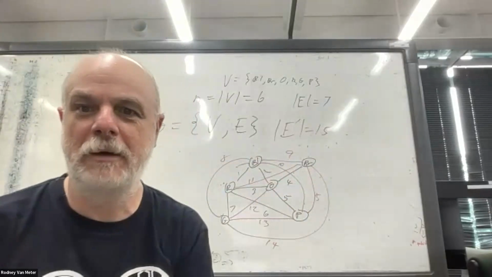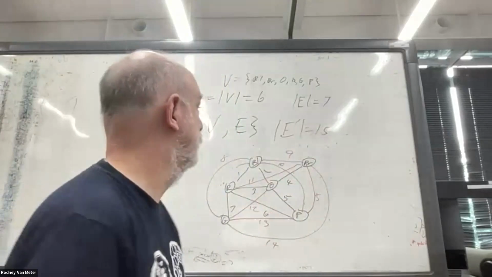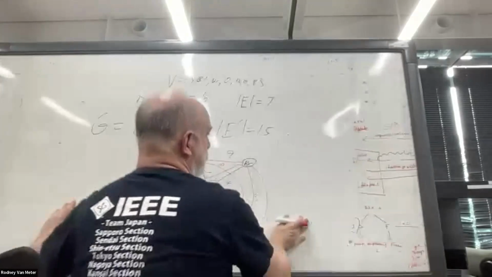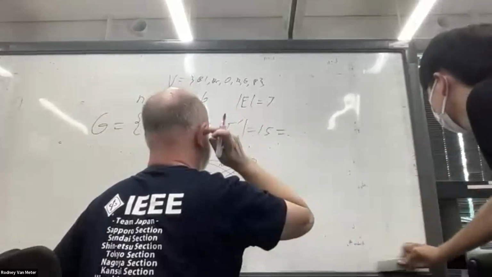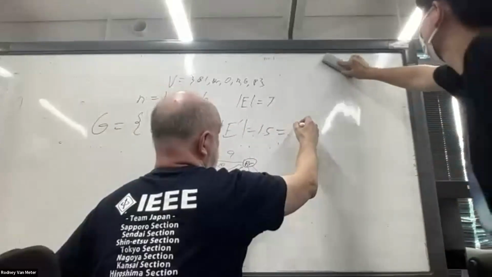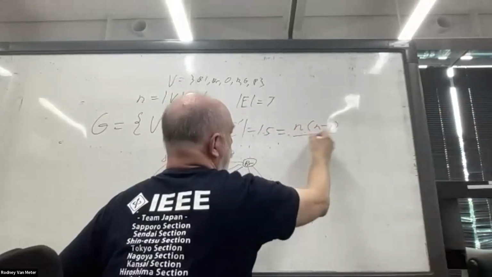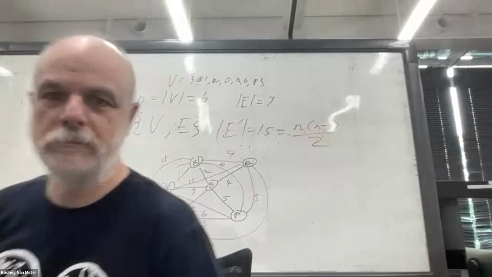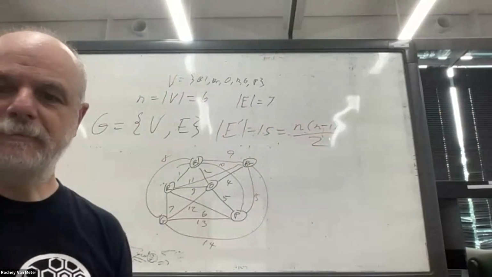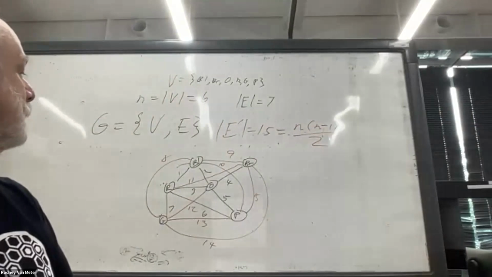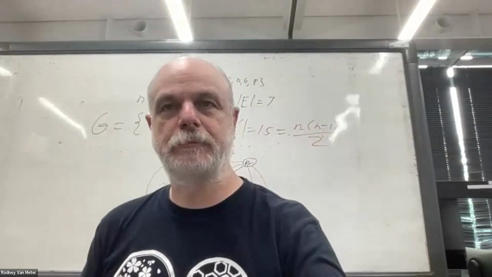So yes, it would be divided by 2. So the maximum number of edges is n times n minus 1 over 2. That's the maximum, right? We're going to talk a little bit more about these things as we go.